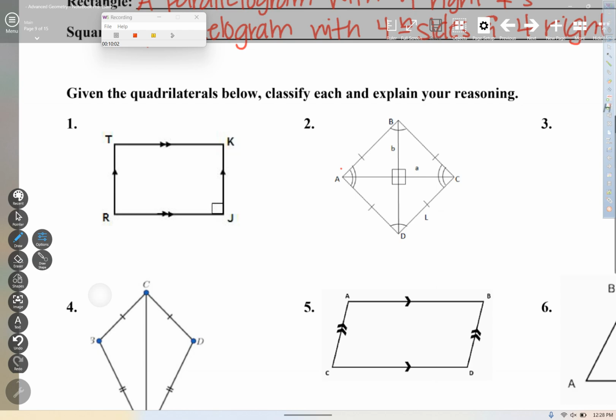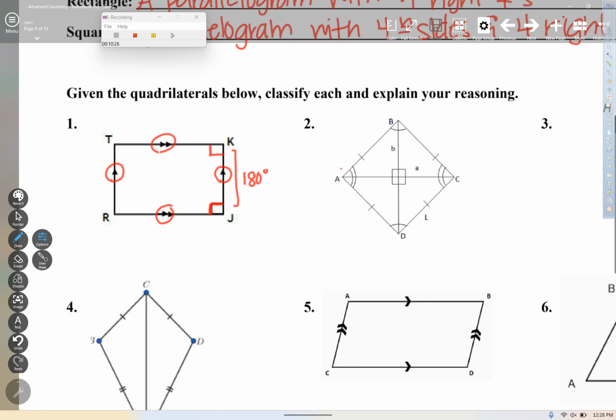If you look at number 1, it has opposite sides that are parallel, and it has this 90-degree angle box here. If the opposite sides are parallel and this is 90, I know that this is also going to be 90 because I always know these two sides equal 180 degrees. So 180 minus 90 is 90.